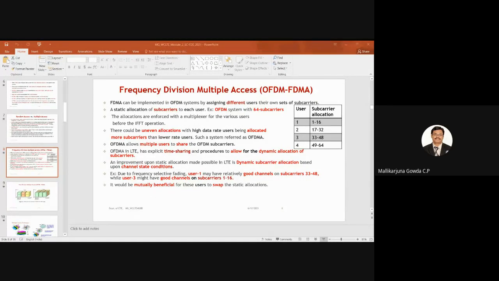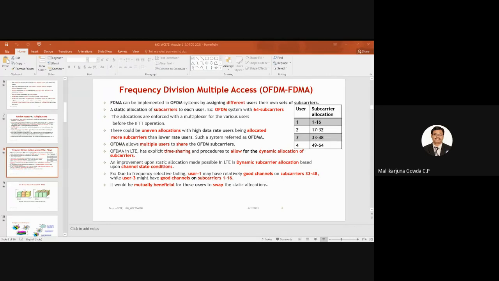That system is known as orthogonal frequency division multiple access. This OFDMA allows multiple users to share the OFDM subcarriers. That is the multiple access technique it is.